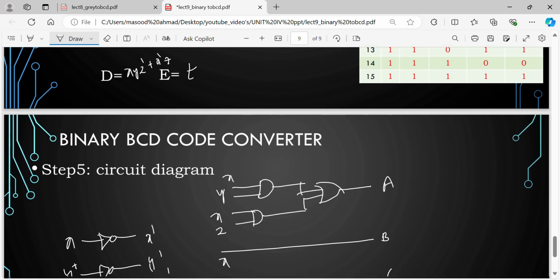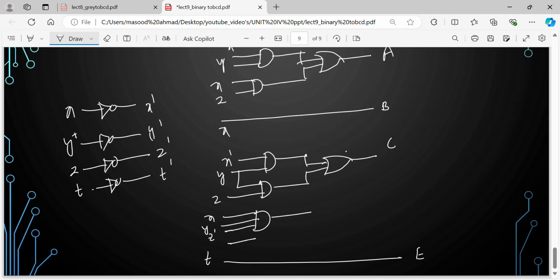Then I want X bar Z, so I take X bar, then Z, and give them to an AND gate. Both of them I give to the OR gate and connect them together. Then I say D. So I got all of A, B, C, D, E.